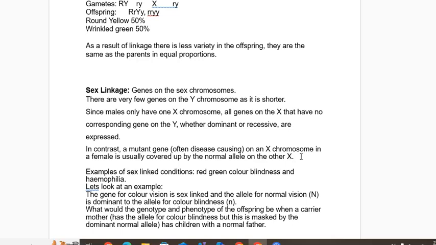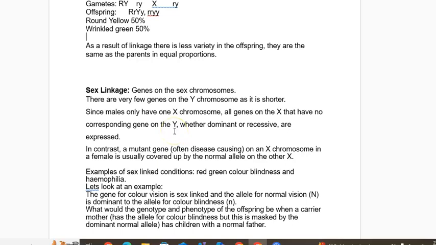So in this case, we're looking at sex-linked conditions, sex-linked diseases. And the disease is caused by a mutant gene. Now, because it's a mutant gene, it tends to be quite rare.